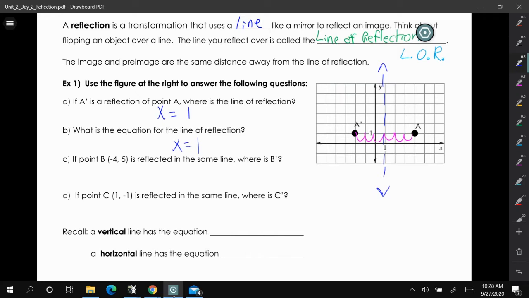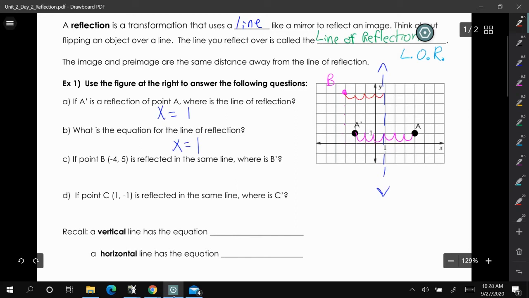Now, if the point B is negative 4 comma 5 is reflected over the same line, where is B prime? So here's B. And again, we have to count how far away. 1, 2, 3, 4.